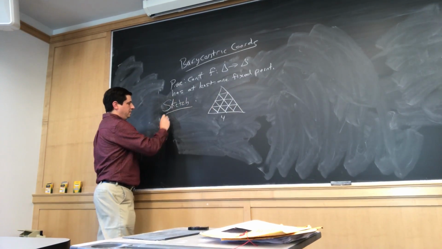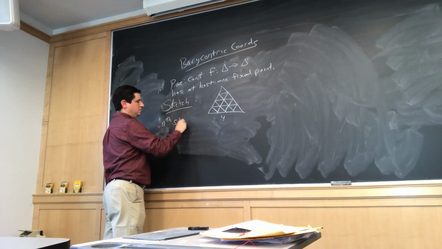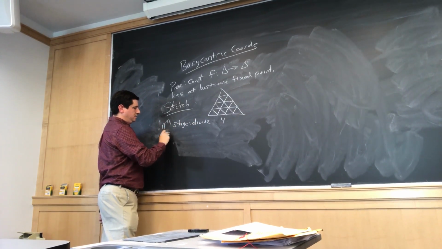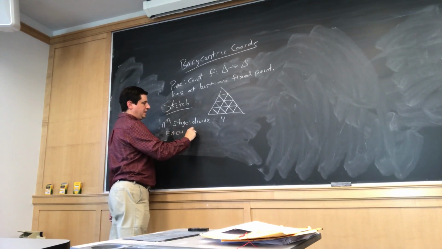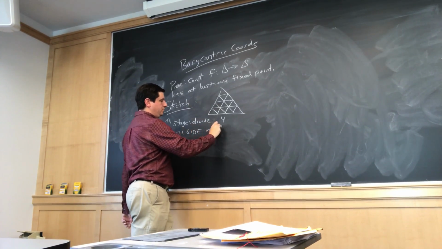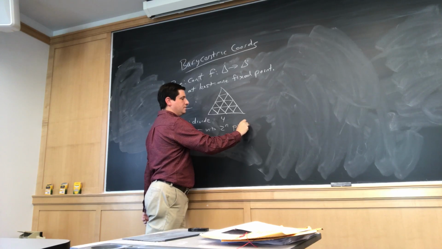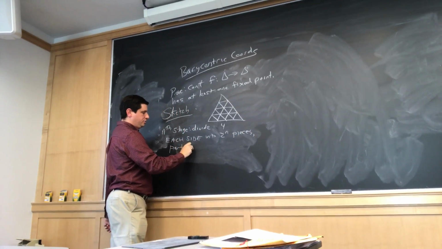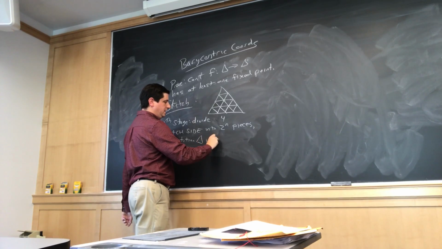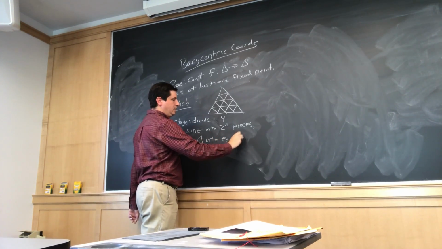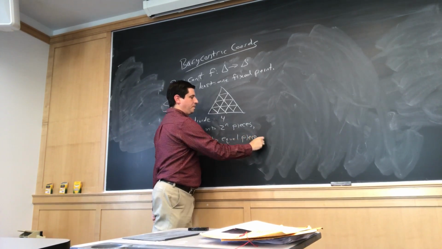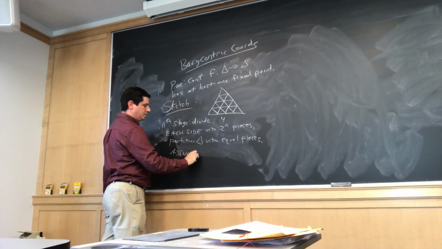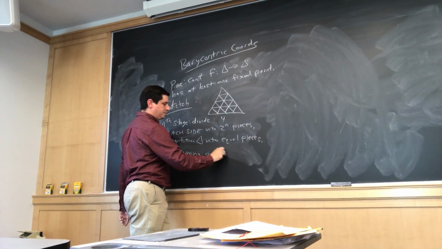So at the nth stage, divide each side into 2 to the n pieces, partition the triangle into equal pieces. And we're assuming no fixed point.